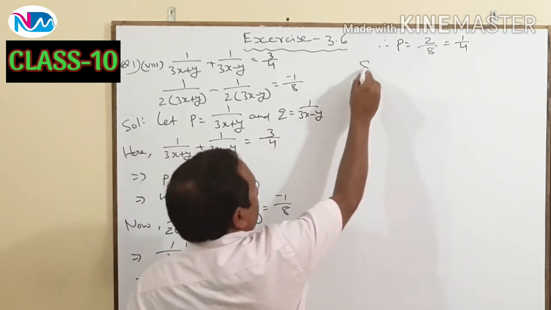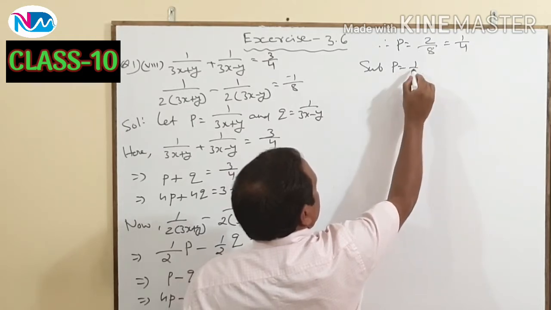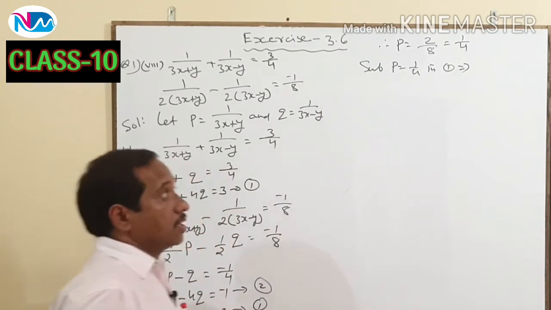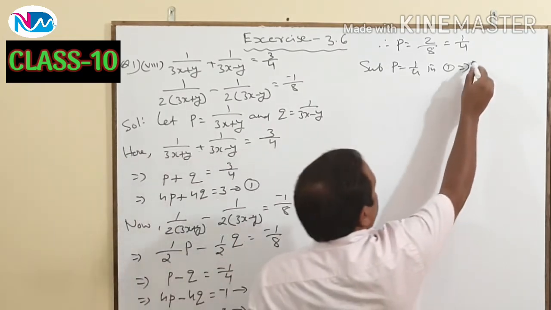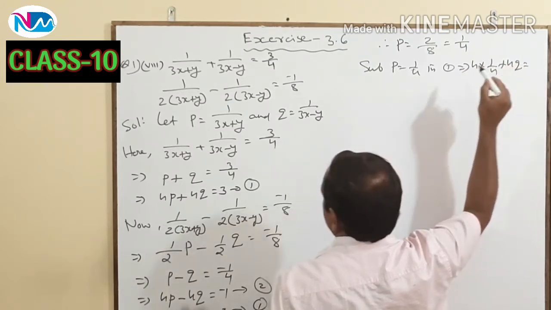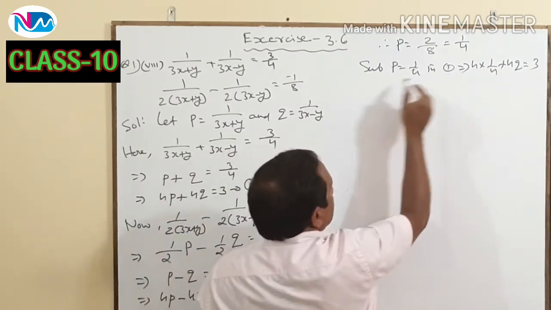Now substitute p is equal to 1 by 4 in equation number 1. It gives 4 into 1 by 4 plus 4q is equal to 3. 4 and 4 will be cancelled.